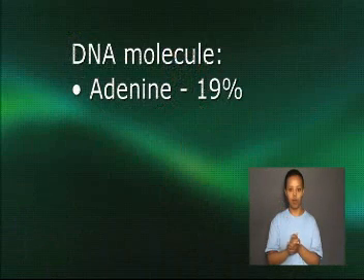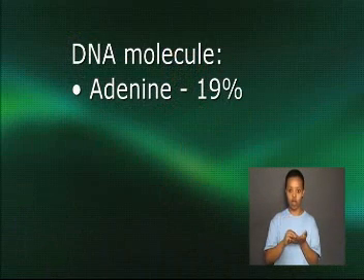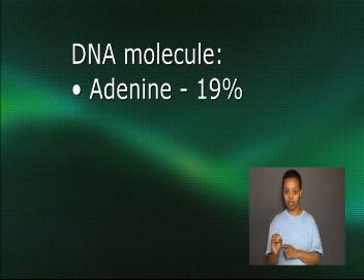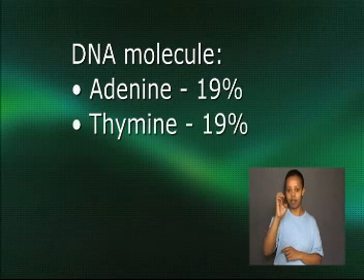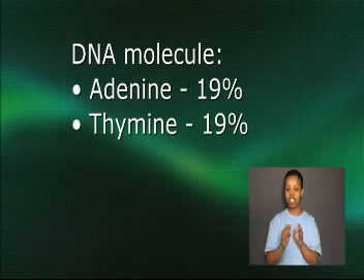Hello again, students. You may find that the correct answer is deceptively simple. If the DNA molecule contains 19% adenine, then it must also contain 19% thymine. 19 plus 19 equals 38, which leaves 62% of the molecule unaccounted for.